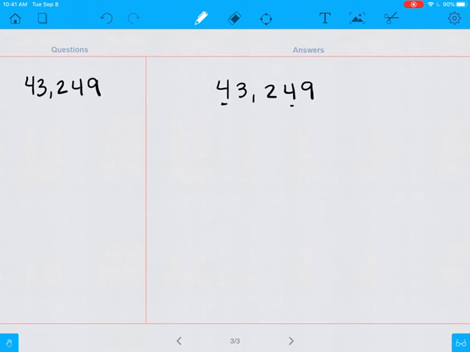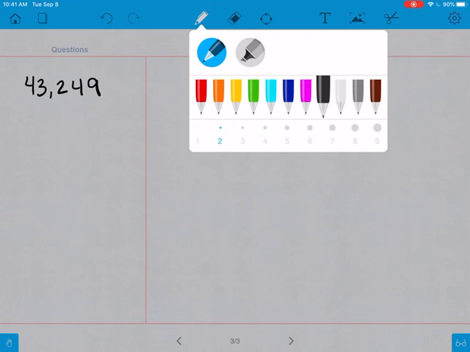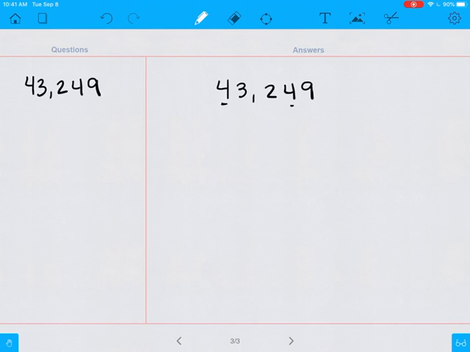Okay, so hope you took a little pause and thought about it. So this 9 literally represents 9 ones or units. This 4 right here represents 4 tens, or like we learned before, you can do 4 times 10.